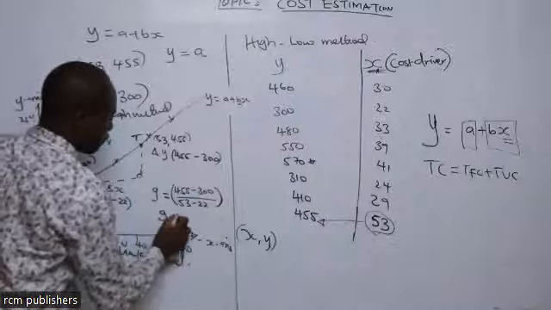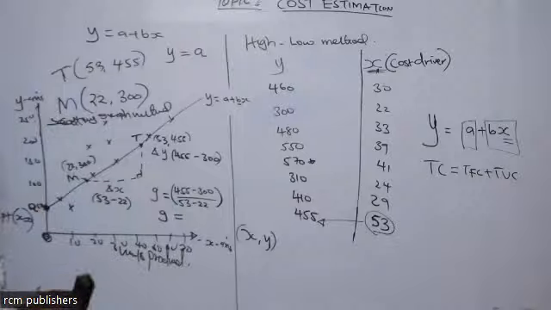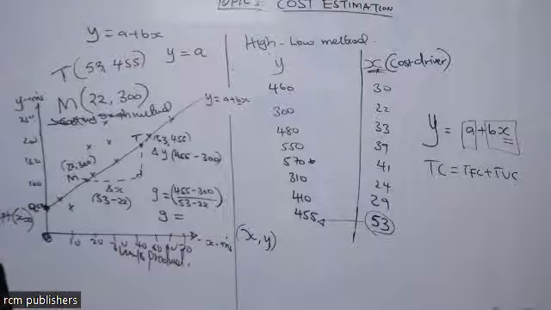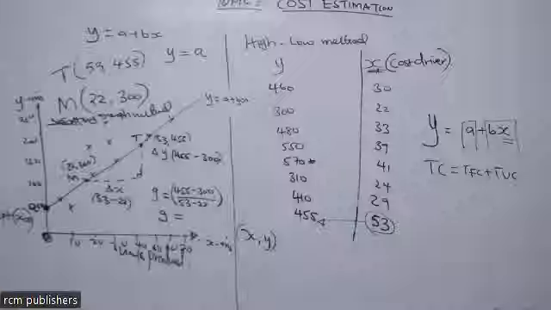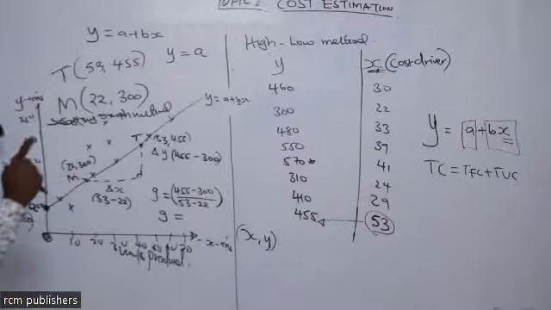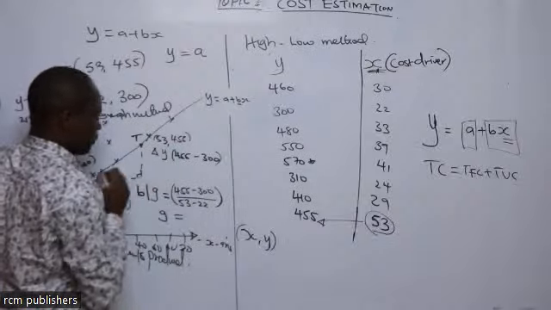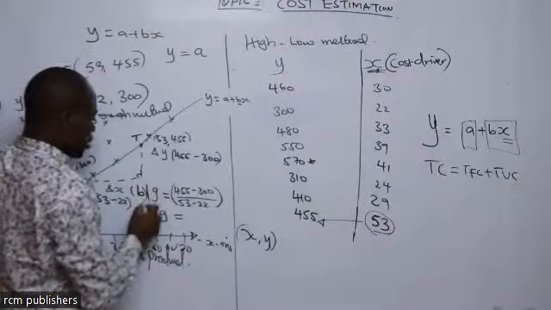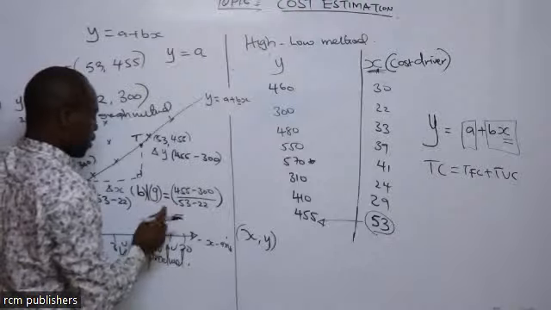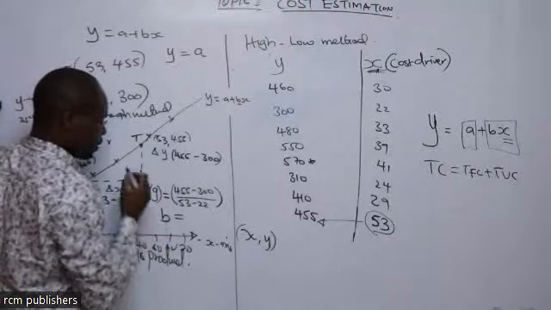So what is the value of the gradient? That is the gradient or slope of that curve. And remember, our gradient or the slope of the curve is the value of b. It is b.